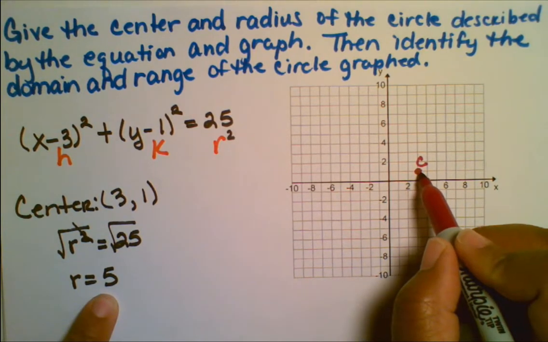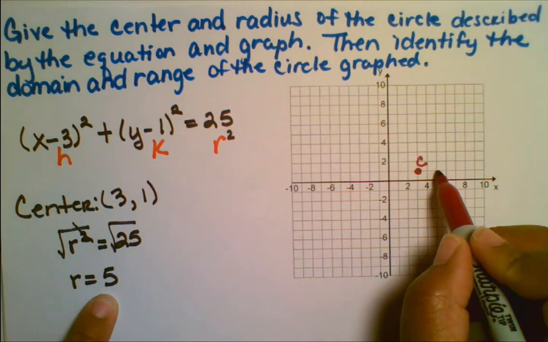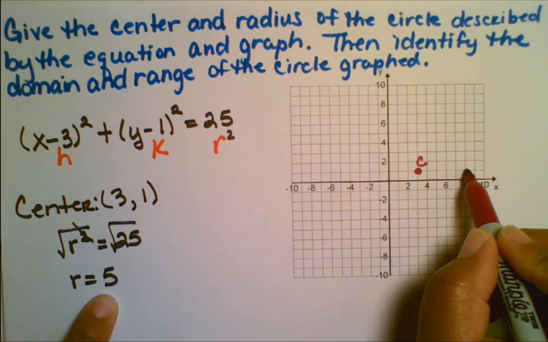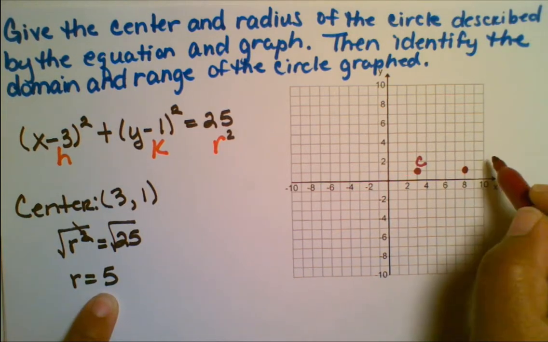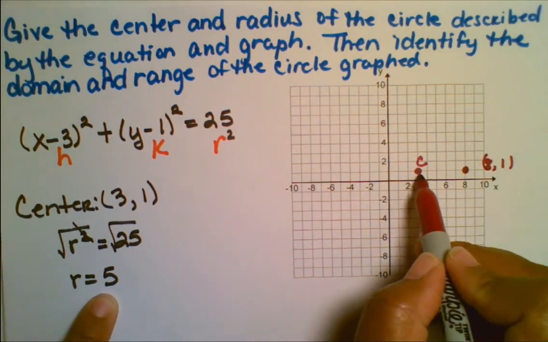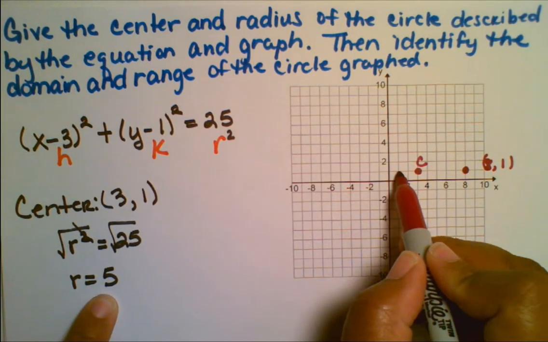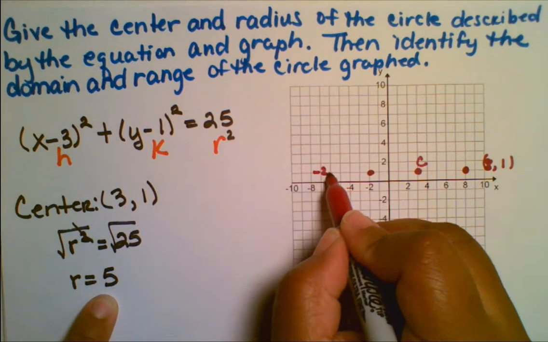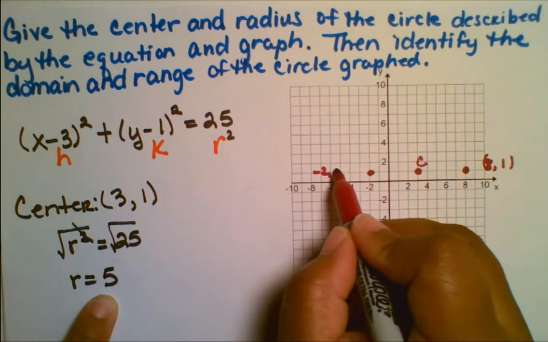So let's find the other points. Starting at the center, count to the right, 1, 2, 3, 4, 5. So here we have 8, 1. Then we're going to go to the left, 1, 2, 3, 4, 5. Here we have -2, 1.